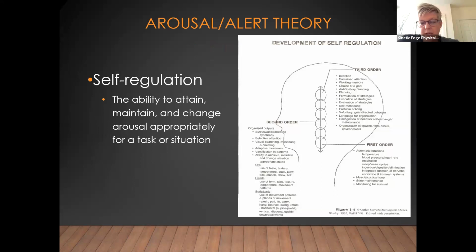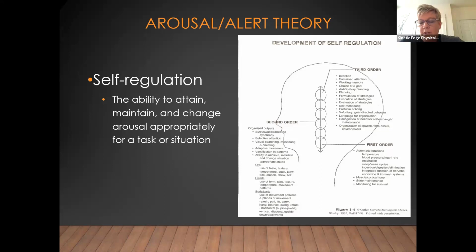So we oftentimes will talk about self-regulation. So self-regulation is our brain's ability to attain, maintain, or change our level of arousal appropriately for a task or situation. So, this is our brain's ability to either help us attend to something or calm us down if we need to be calmed.